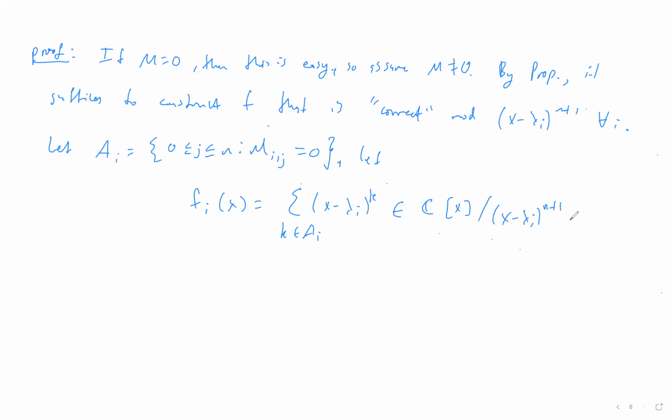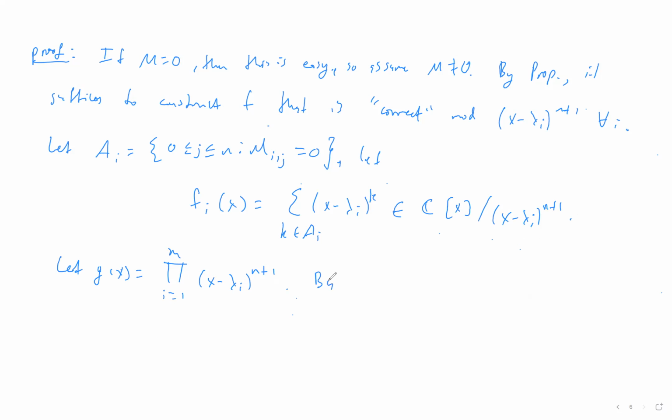Okay, so this is fine. So now we're going to let g of x be this polynomial. So we're going to take the product, i running from 1 to m, of (x minus lambda_i) to the n plus 1. Okay, so this is nice. So basically we're taking all of these guys for the various i's and multiplying them together.